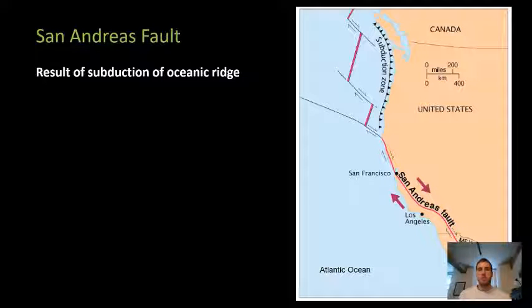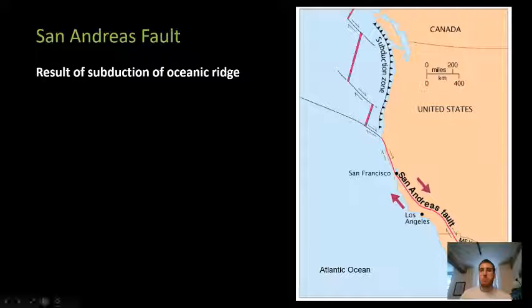We do have transform boundaries on a larger scale, other than just associated with oceanic ridges. One great example is the San Andreas Fault, shown in the image here in Southern California. And the San Andreas Fault certainly poses significant geologic hazards in the sense that there's lots of earthquakes of all different sizes that are known to occur along the San Andreas Fault.